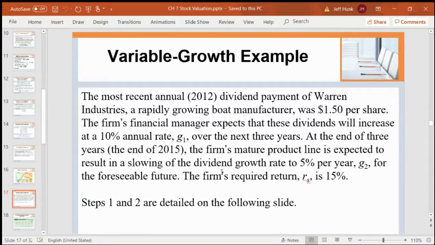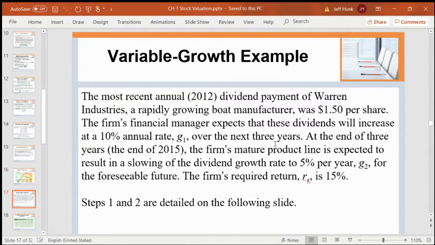So indefinitely and the foreseeable future basically mean practically the same thing, indefinitely within our forecasting ability.